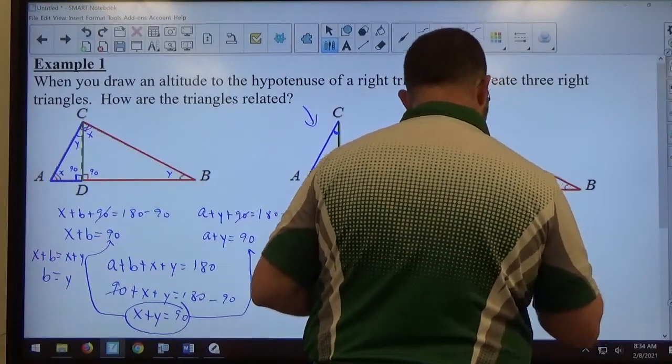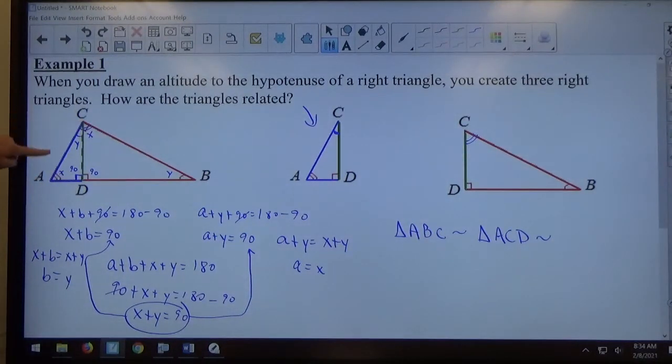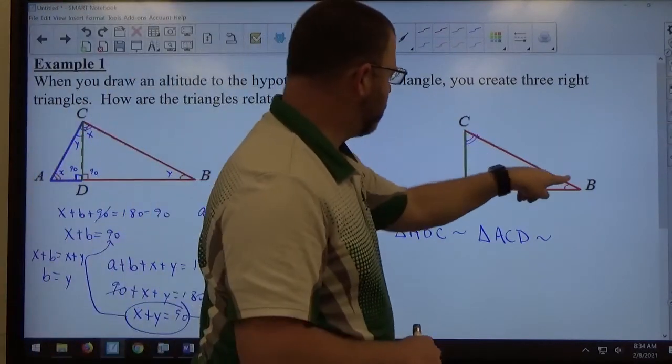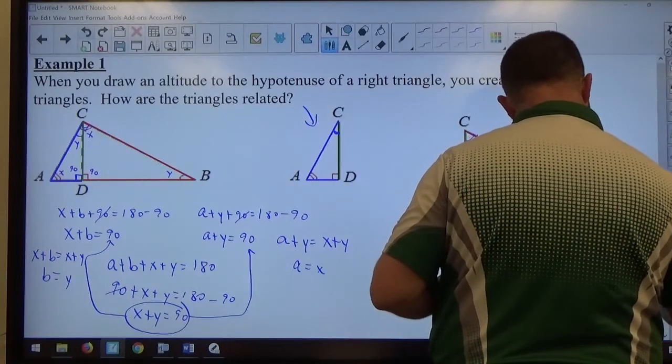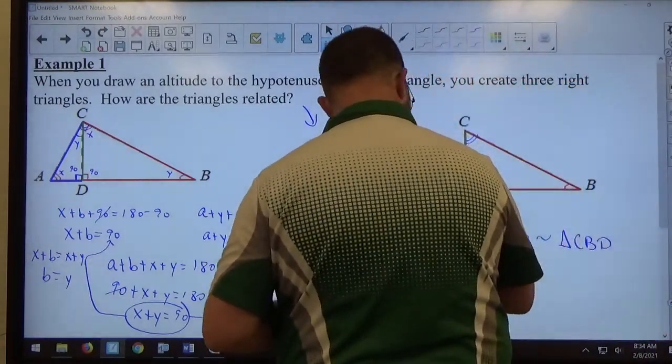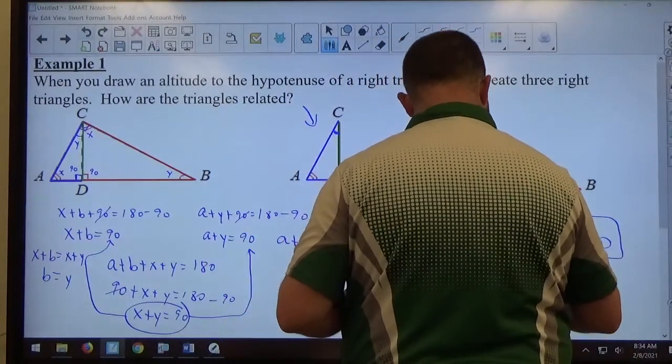And that's also similar to this one. And again, 2 marks to 1 mark to right angle. That's how I named the first one. 2, 1, right. So 2, 1, right would be CBD. I suppose we do this by angle-angle similarity.